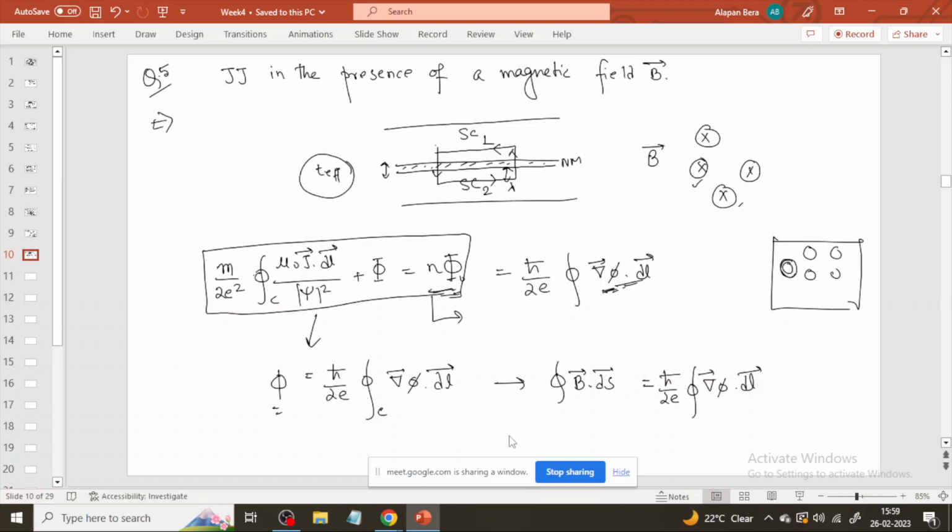Or this can be written the other way around, as the integral of the gradient of phi dot dl, which is equal to 2e by h cut times the integral of A dot ds.